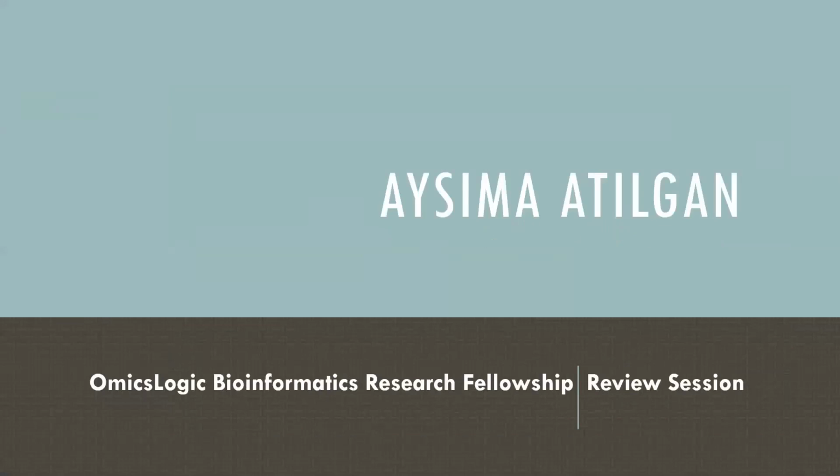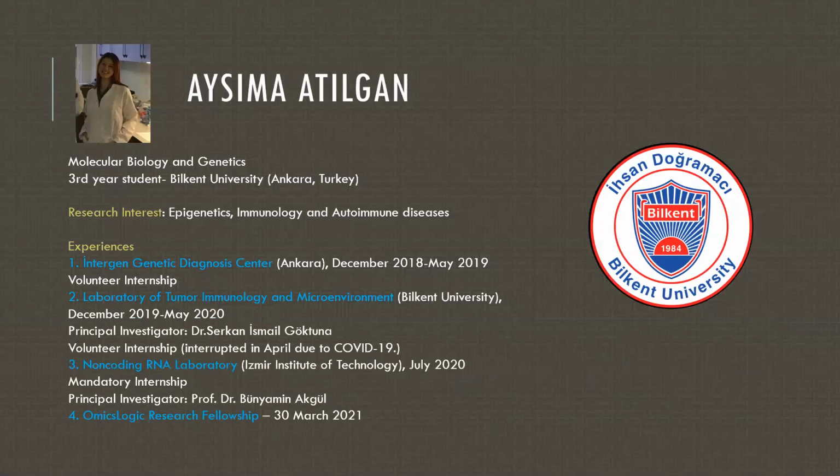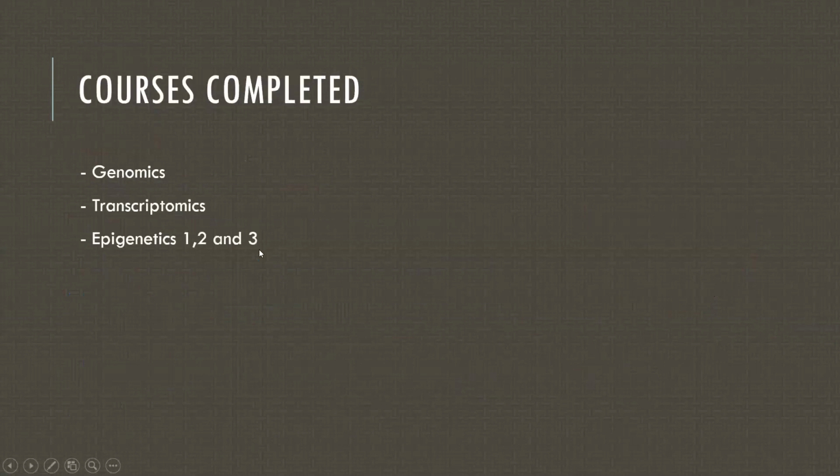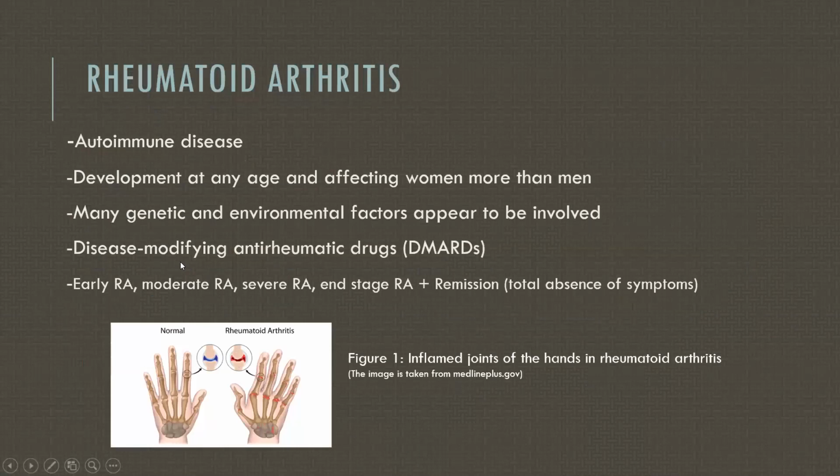Welcome to my review session. I am Asma Atılgan from Bilkent University, Turkey. My research interests are epigenetics, immunology, and autoimmune diseases. I completed 3 courses: genomics, transcriptomics, and epigenetics 1, 2, and 3. I selected the disease called rheumatoid arthritis. It's an autoimmune disease. It can develop at any age and it affects women more than men.